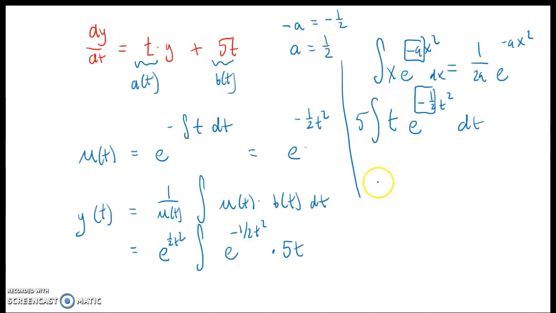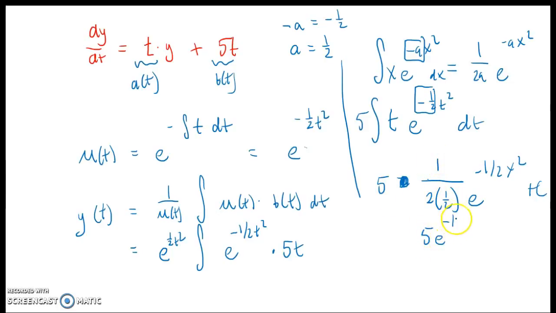According to the right-hand side, I have 5 times 1 over twice a, which is 2 times 1/2, times e to the negative 1/2 x squared, plus c. So 1 over 2 times 1/2 is just 1, giving 5e to the negative 1/2 x squared plus c.